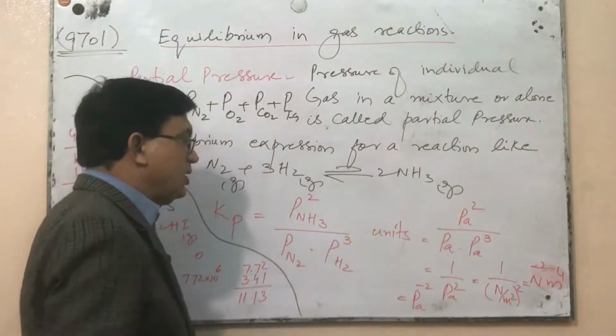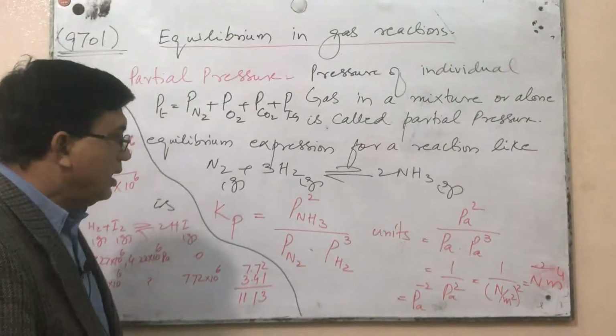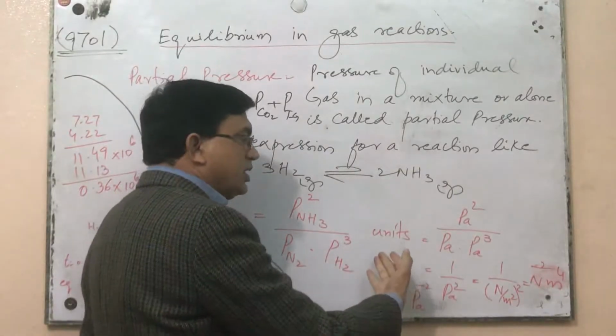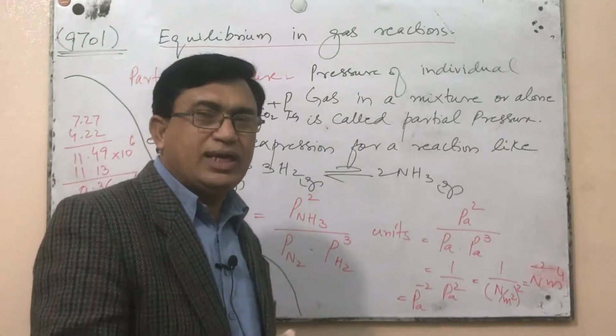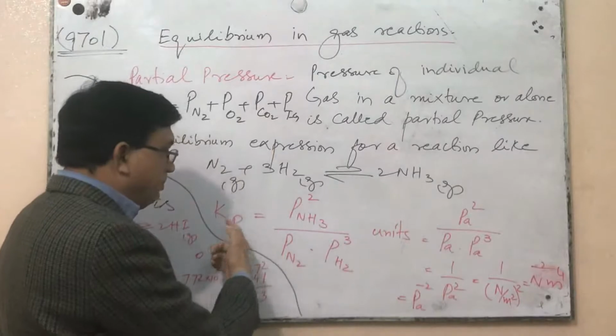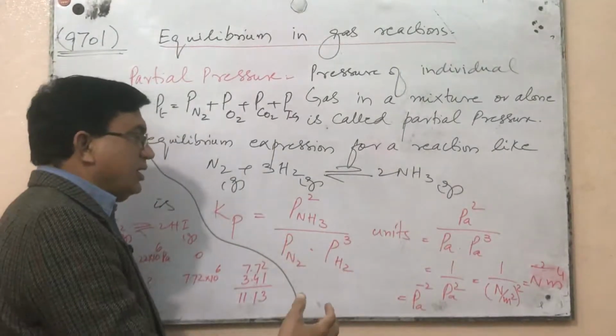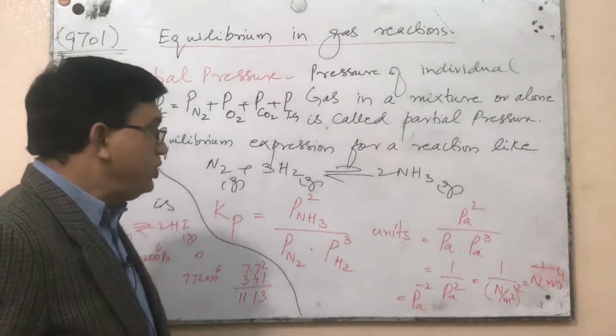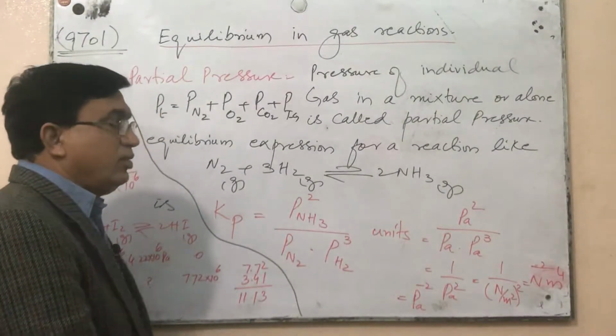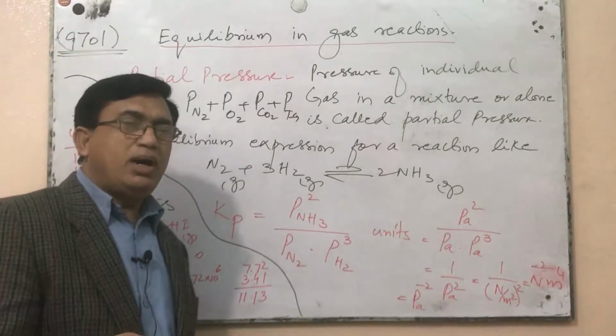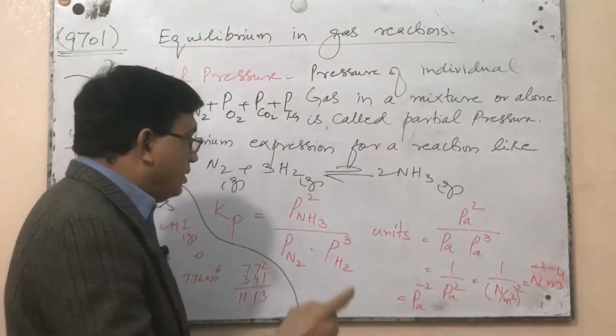Now, how do we find the units? In a similar manner, just like we calculated the units for Kc, the units for Kp can also be calculated. The only difference is that in Kc we use concentration, which was represented by brackets.